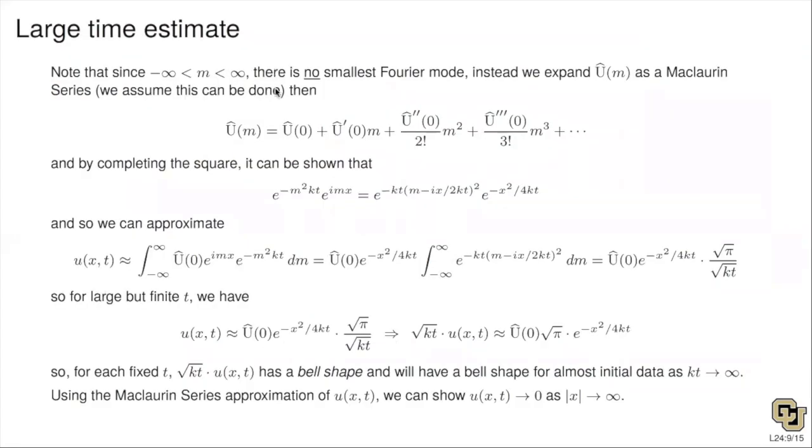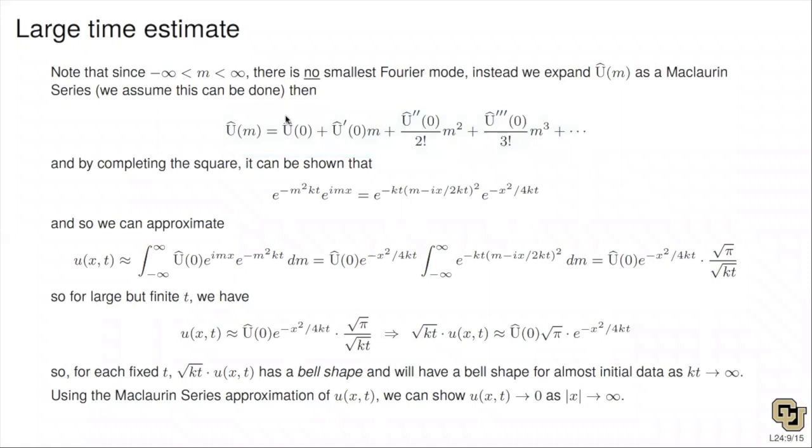So, one way of doing estimates, as I said, is to use a Maclaurin series or Taylor series expansion. And for that, continuity is required. The Riemann-Lebesgue lemma gives us continuity, provided that the integral of the absolute value of U of x is bounded, so U of x is an absolutely integrable function.